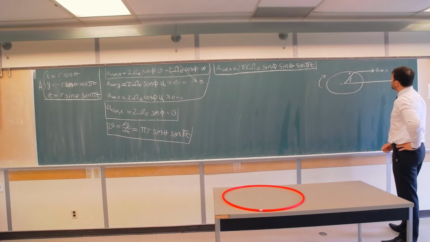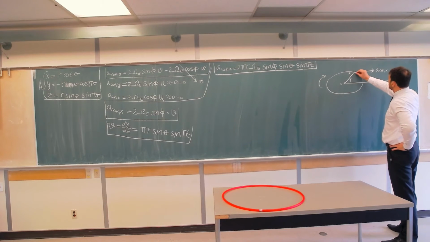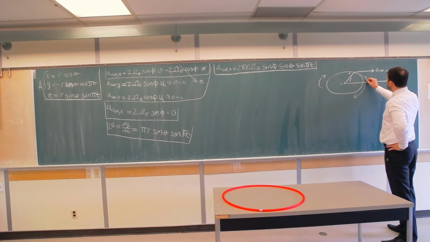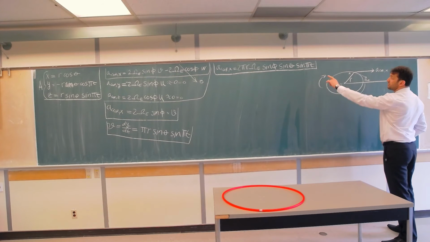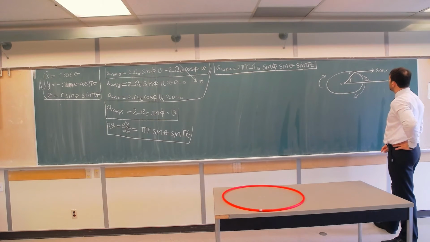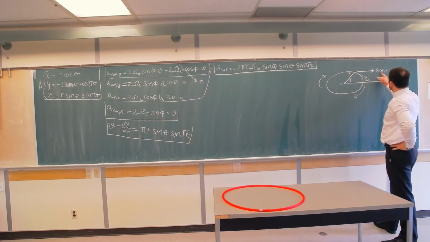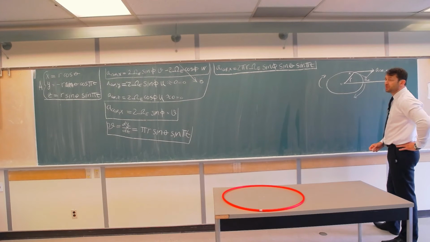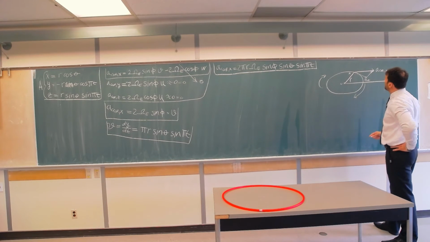But you will agree with me that this is the component that is driving the water to go around. So we can say that there is acceleration in the theta direction, azimuthal acceleration from this x component, and there is this normal component which doesn't contribute to water going around.